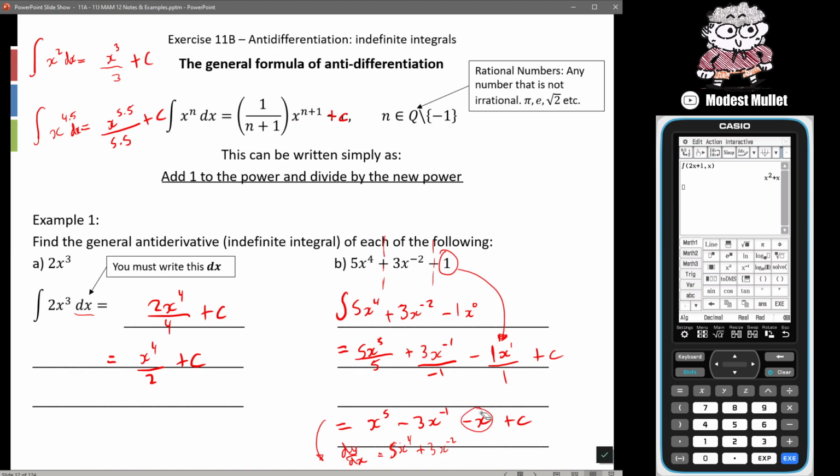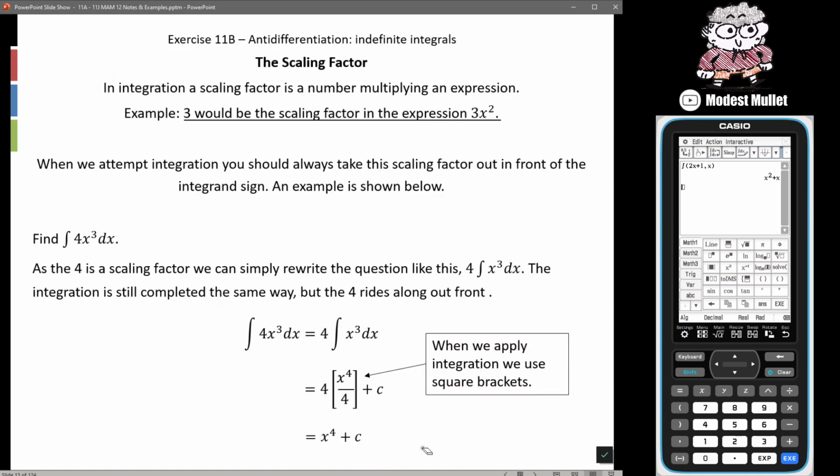This negative x here is like negative x to the power 1, so I multiply by the power and then take 1 from the power, so I get x to the 0, which cancels, which gives me this constant. So whenever we have a constant, you need to add an x onto the end of it. Bit of evidence there for it.